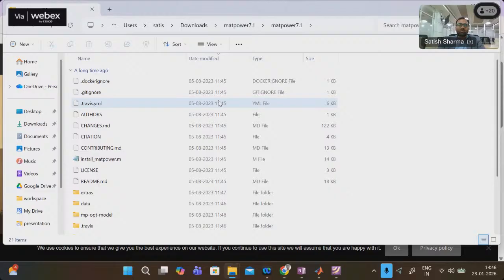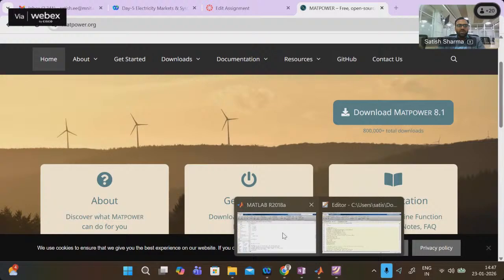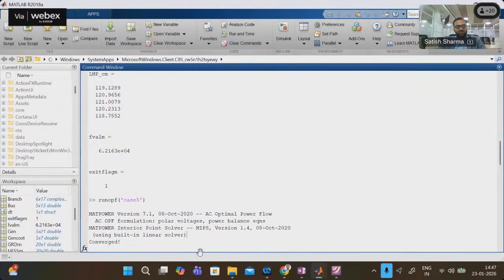It's again MATLAB code only, so this install_matpower.m file you can only open in MATLAB, and once you run it, you are able to install, or basically add MatPower into your MATLAB.